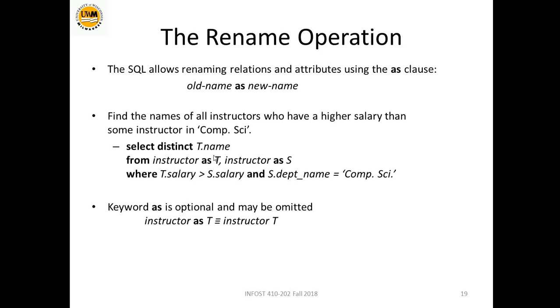So I will have a copy of instructor called t and also instructor as s. I will have another copy called s where t.salary is greater than s.salary. So I will find all the instructors in t whose salary is greater than the salary of the instructors in s, and the s.department name is computer science.